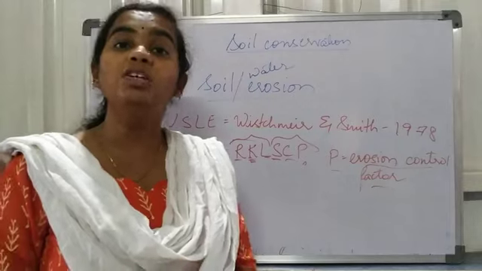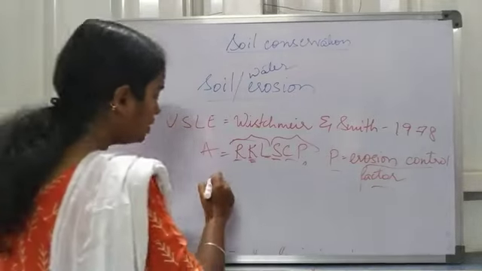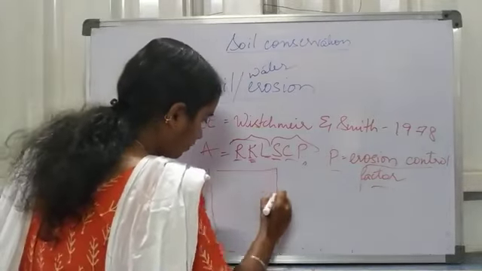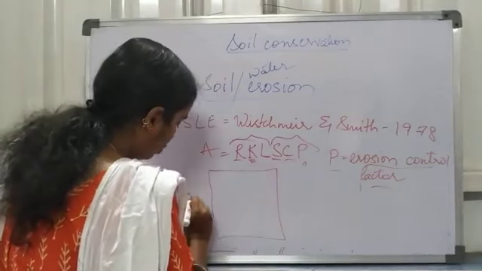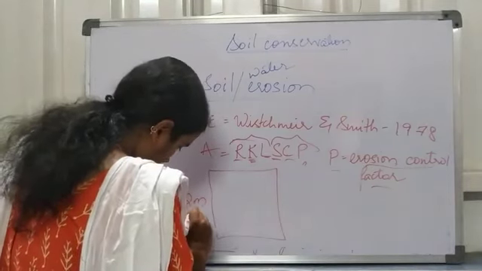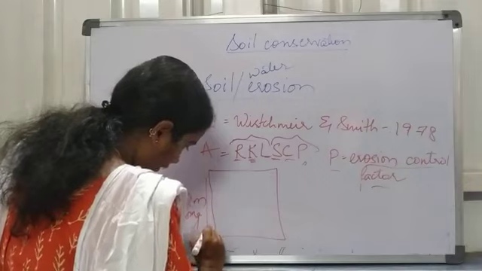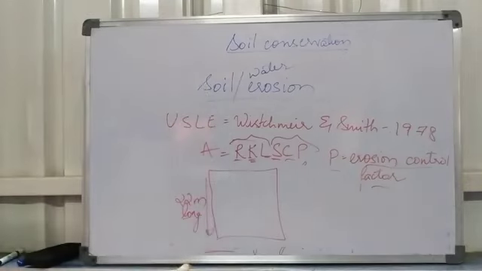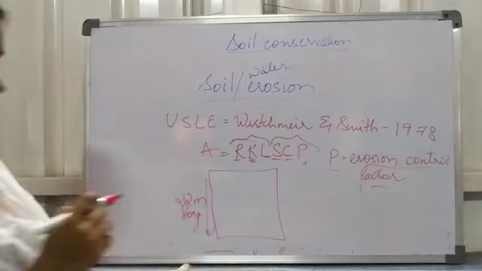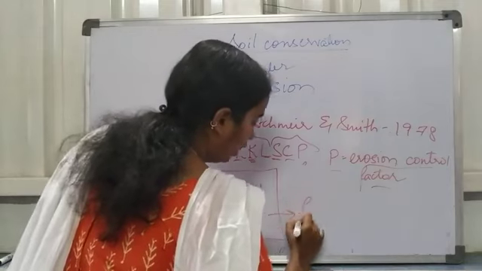This talks about a plot which is 22 meter long with 9% slope under fallow.